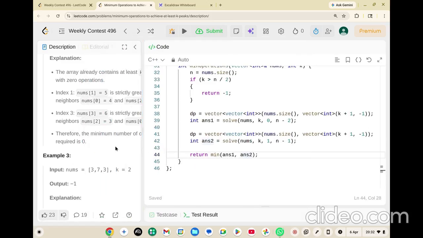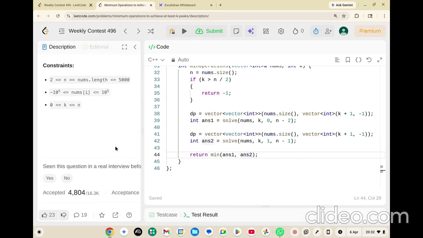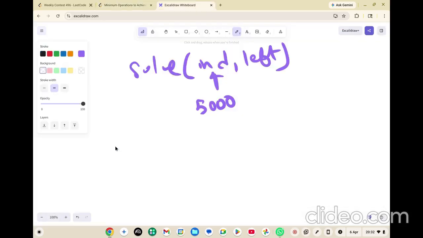Index can go till 5000 and k can go till n, so 5000 comma 5000. And if you think closely, left can never be greater than n by 2, so at max it will go till 2500.